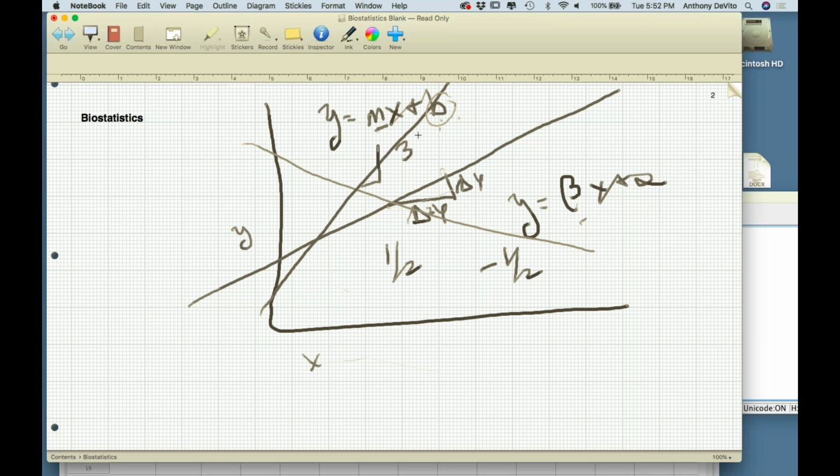Well, what happens when x is 0? When x is 0, y is equal to that number. X is 0 at the axis where it crosses the y-axis, right? So this number b represents where it crosses the y-axis. That's called the y-intercept.